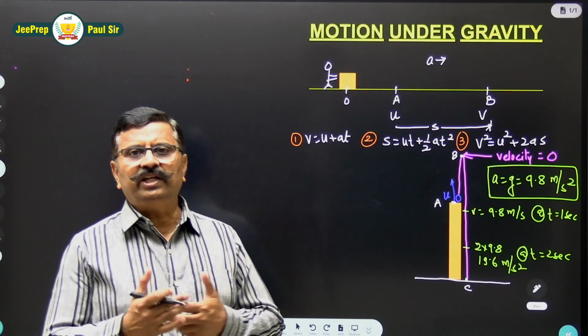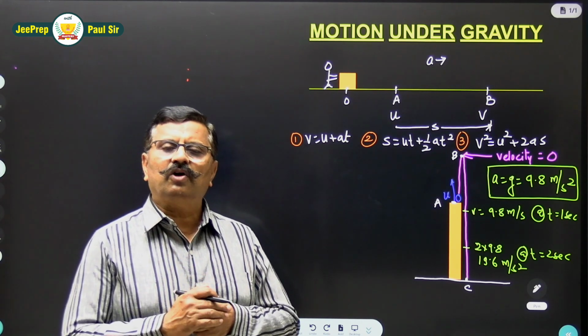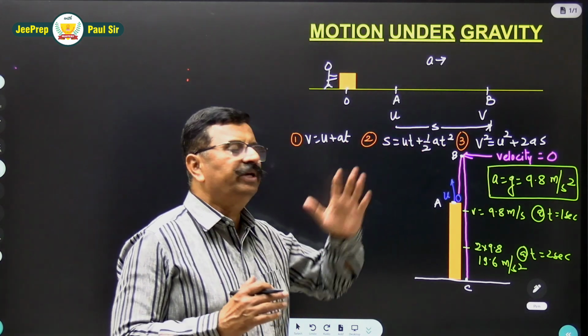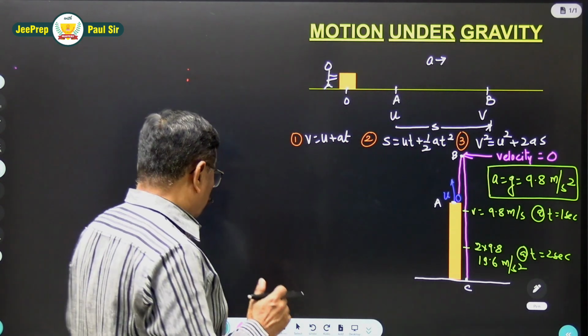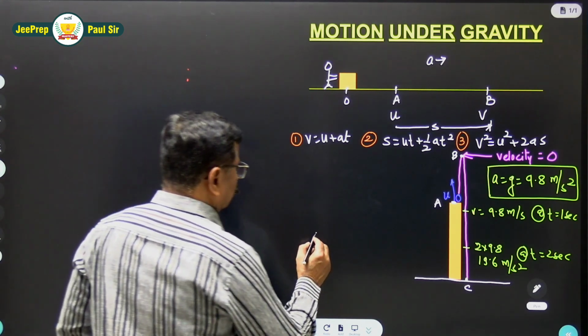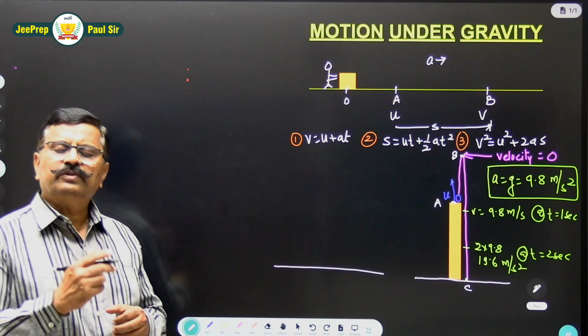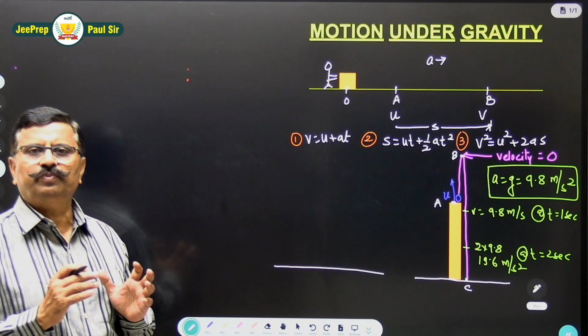Now, what are the sign conventions to be used to solve the numericals of motion under gravity, or how will you modify these three kinematic equations for the motion under gravity? It's very simple. The sign conventions are like this. See, now this is the ground, body is being thrown up, then velocity is positive and the displacement is positive.